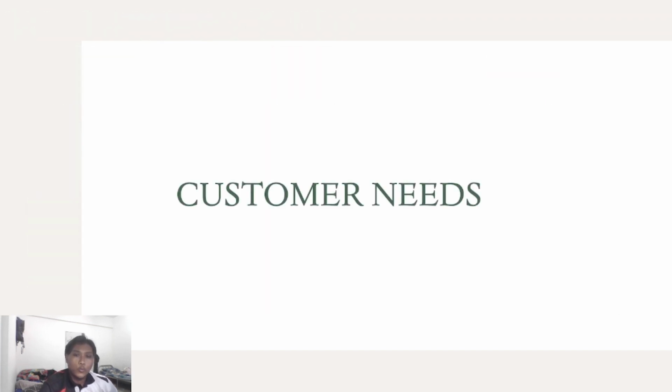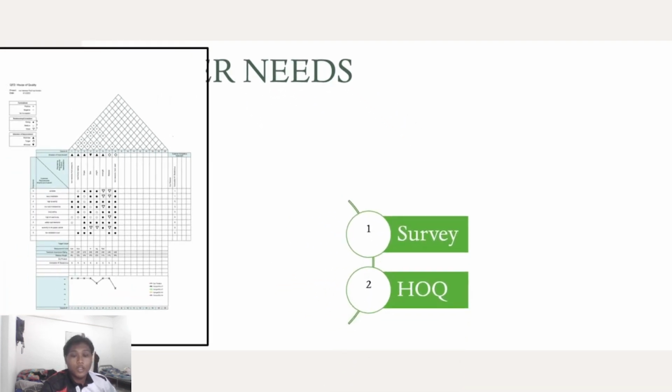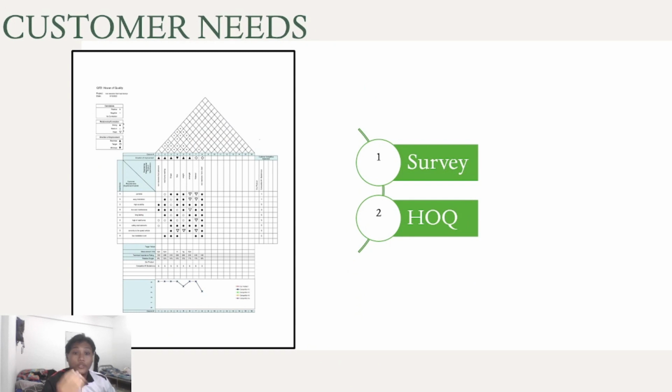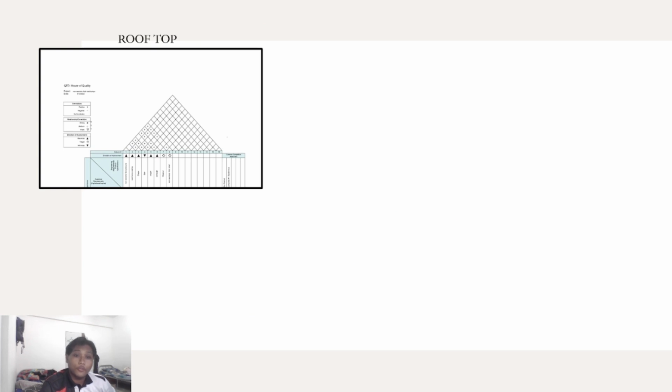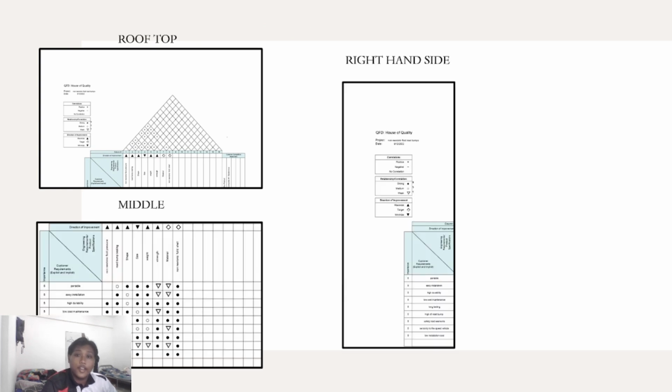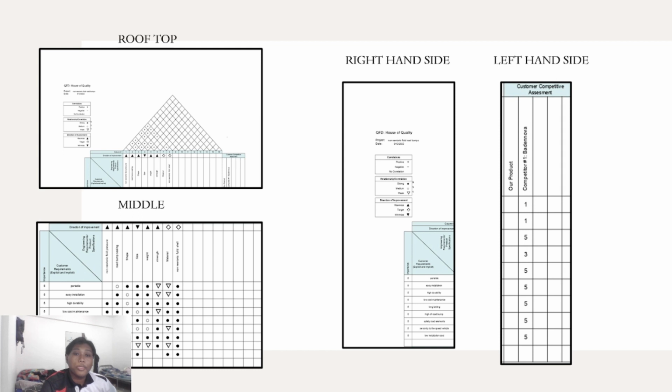After that, we must know the customer needs to complete this project. How do we get the customer needs? We get them from a survey. After the survey, we can do the house of quality. In the house of quality, we have a rooftop, middle, right hand side, and left hand side. The rooftop is the correlation between engineering requirements such as strength, shape, and pressure.